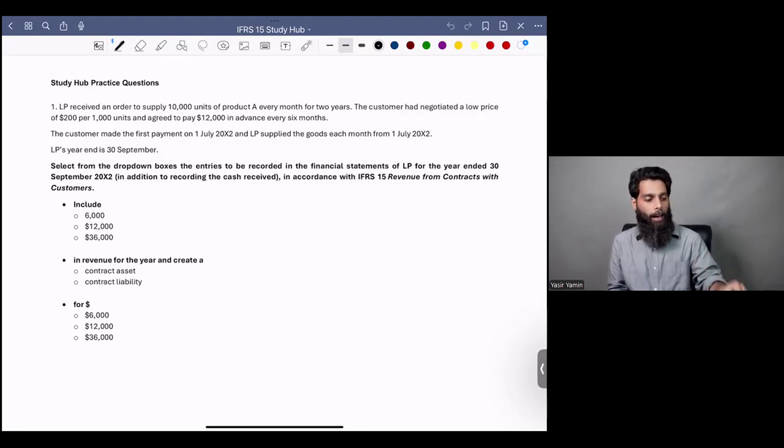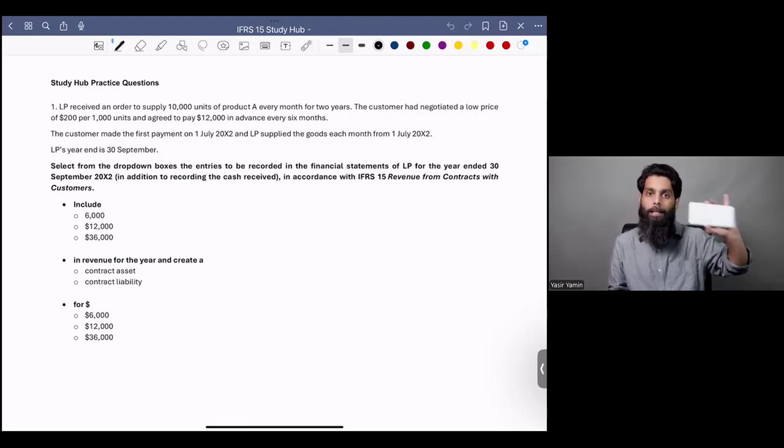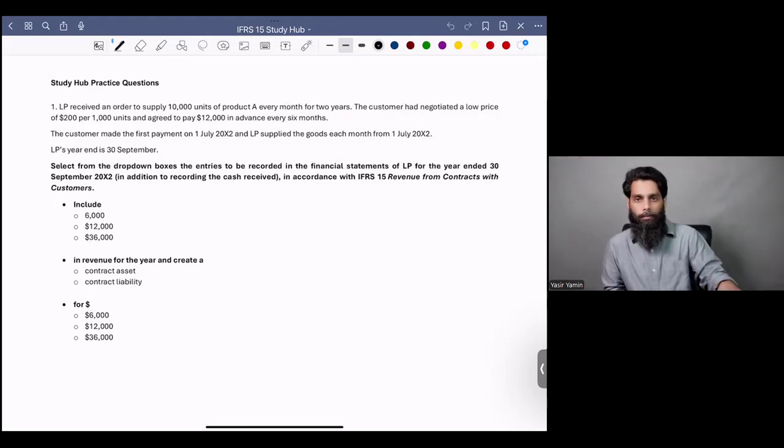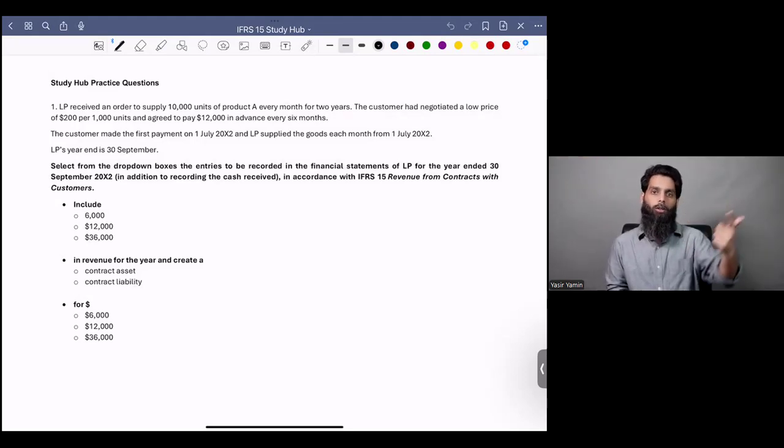Let's say you have provided a calculator to a customer and you have said to the customer, okay, I'm giving you the required good or service now, but you can pay me after 2 years. Now, IFRS 15 talks common sense.